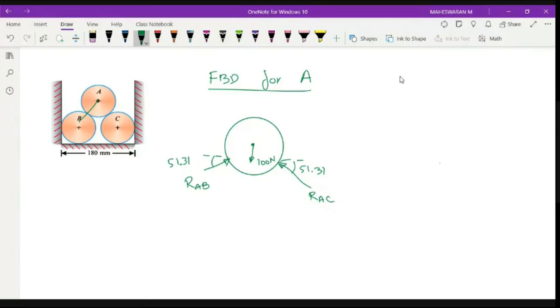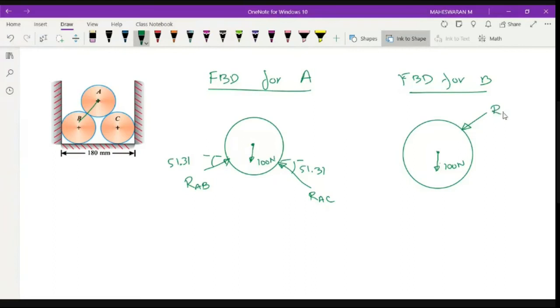Next, the free body diagram for B. We draw a circle. We have weight acting downward, which is 100 Newton. R_BA, the angle of this is again 51.31 degrees, similar to this angle.